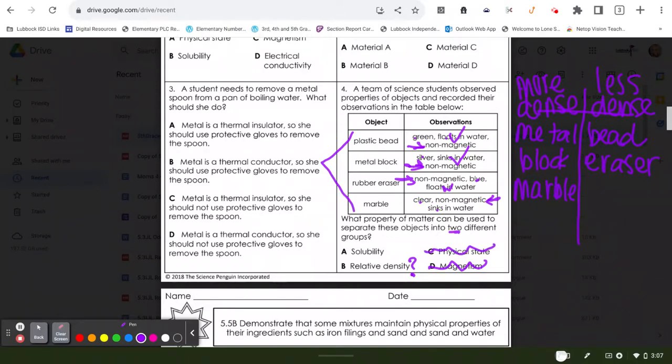And solubility is the ability to dissolve when made contact with a liquid, specifically water in our instance. So none of these are going to dissolve in water. B is our answer. Relative density is whether it will sink or float, more dense or less dense.